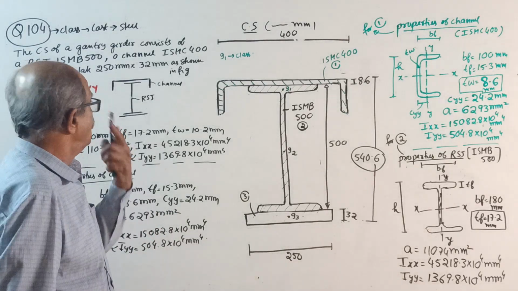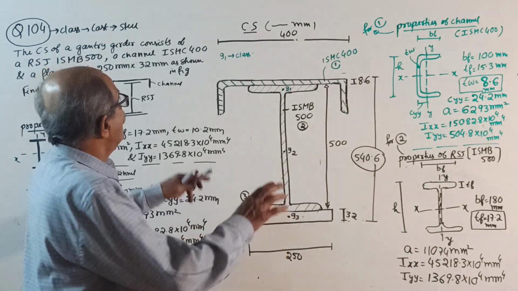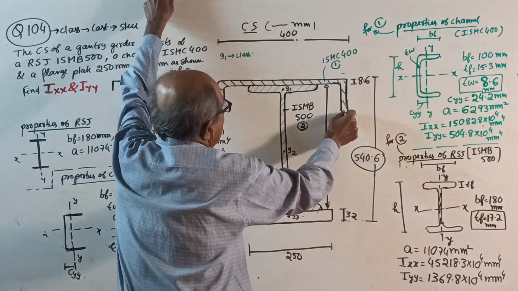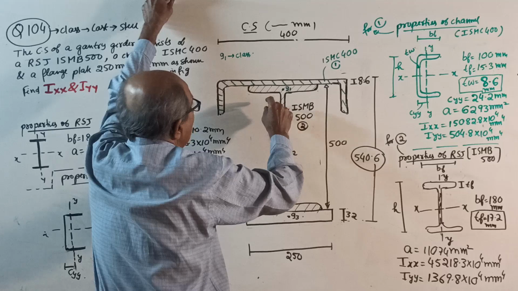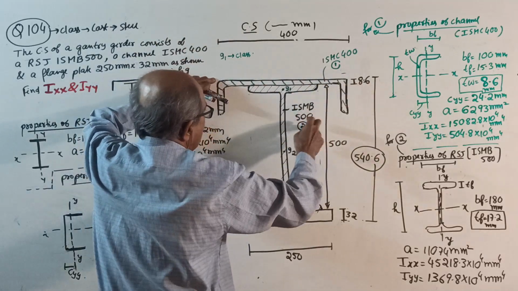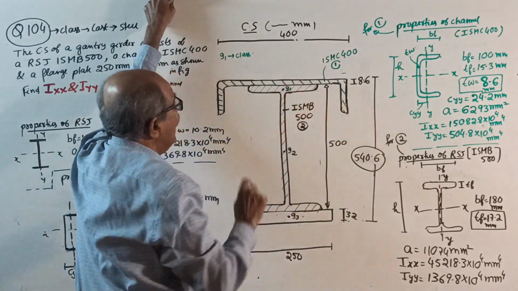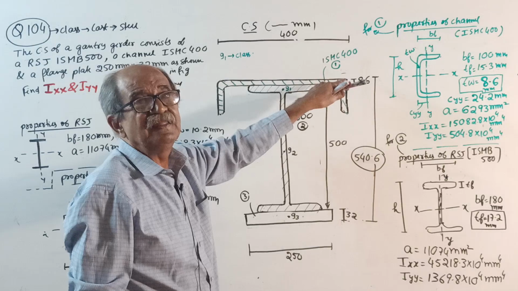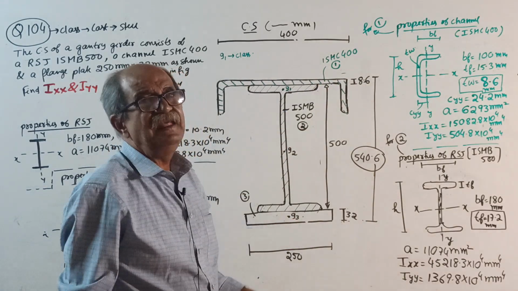Now, I am removing all this. Make a note: draw a neat cross section. I tried as neat as possible, with the channel turned somewhat to scale. This is the channel, this is the RSJ, this is the plate. I have used green color today for the channel, black color for the RSJ, and any color will do for the rectangle.